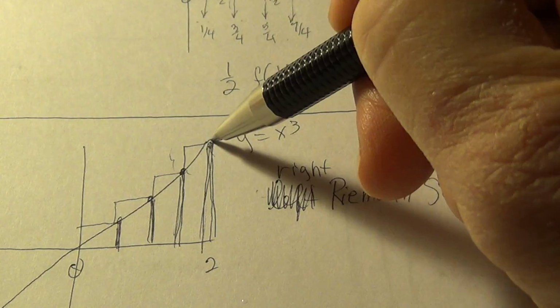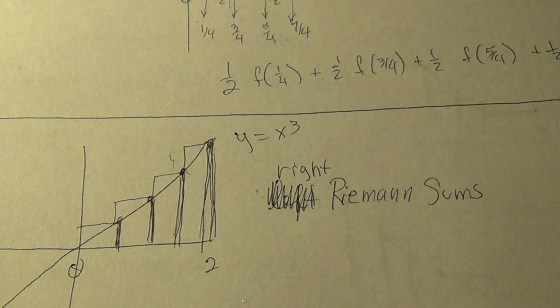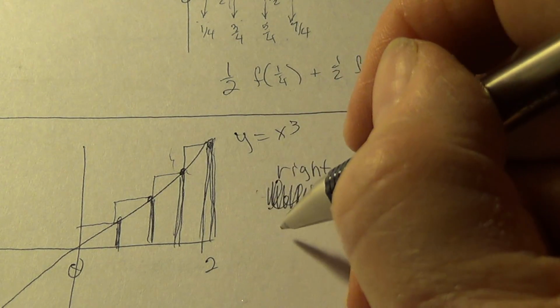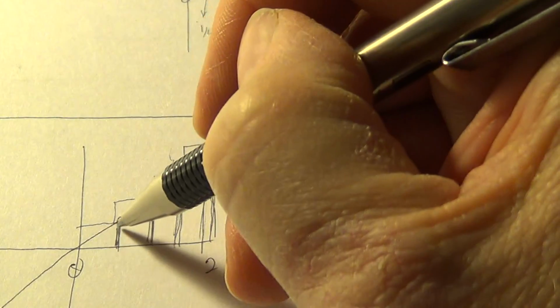All right, the right sides of the boxes are going to help us find the heights of these rectangles. So I'll start with this one.